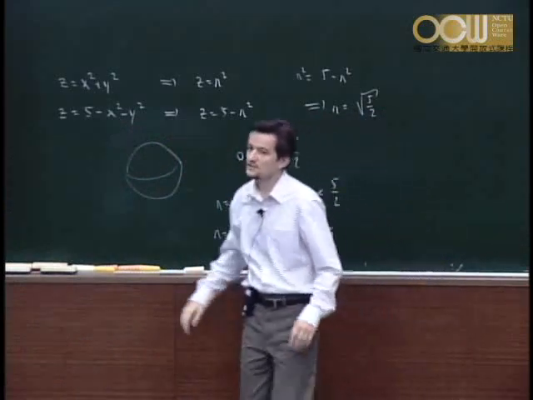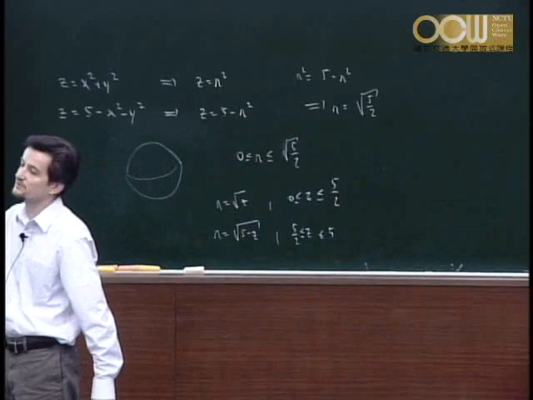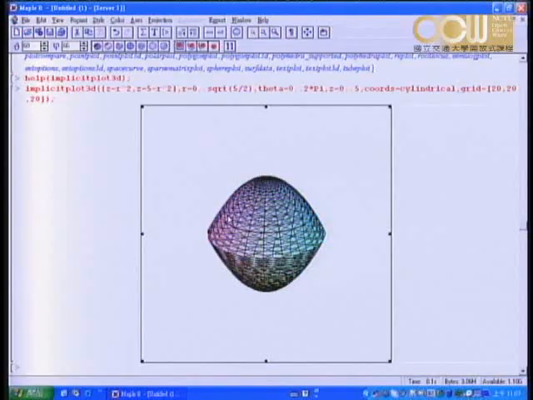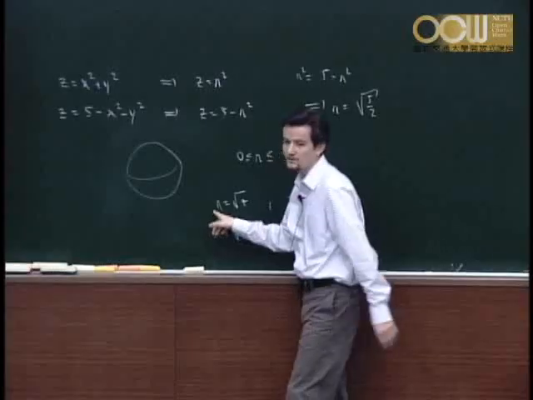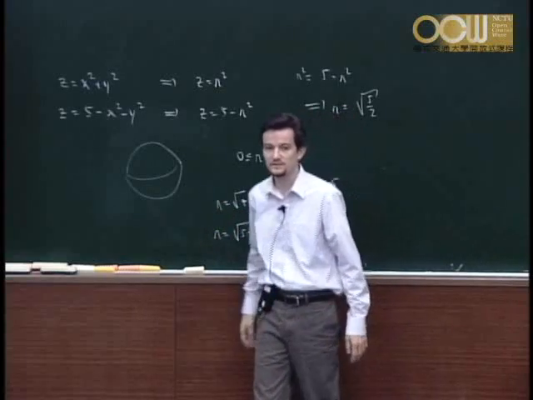But the essential message is that implicit plot 3D is the better command in the sense that you have more freedom in choosing the ranges, because you can specify all three ranges. Whereas if you use the plot 3D command, one range will be dependent on the others, and you do not have any possibility to choose it.